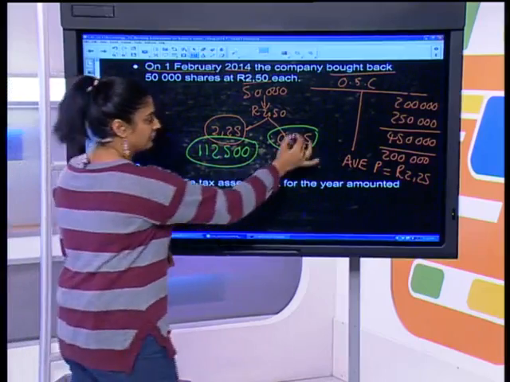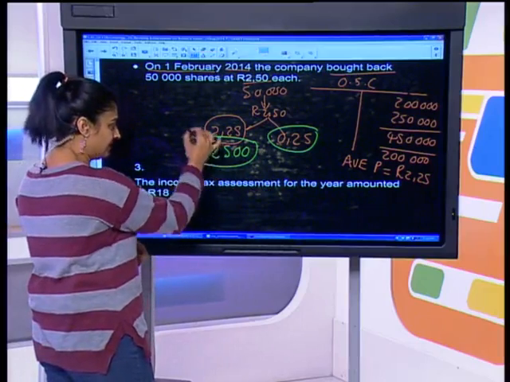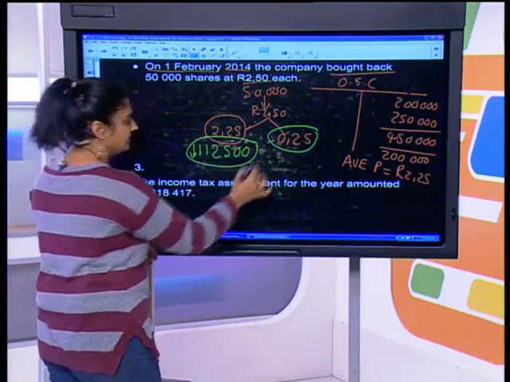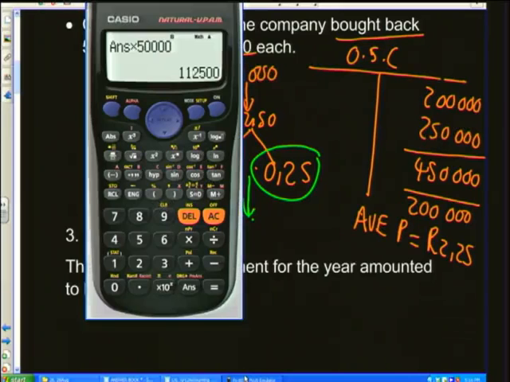So let's deal with our retained income. Remember, we've reduced our share capital. We now need to also reduce retained income. Let's get our calculator out. For the buyback, we bought back 50,000 shares, and our retained income portion will reduce by 12,500.